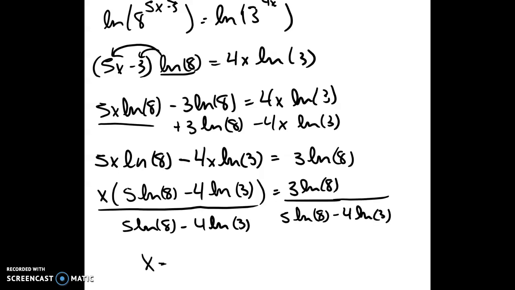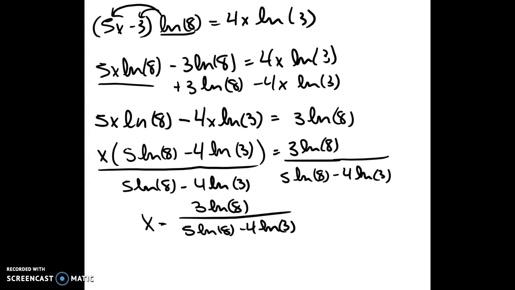So x is equal to 3 natural log of 8 divided by 5 natural log of 8 minus 4 natural log of 3.